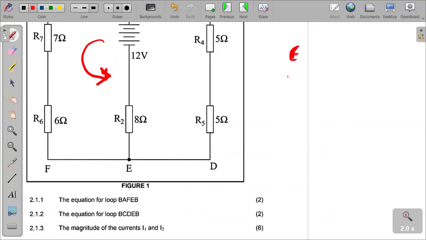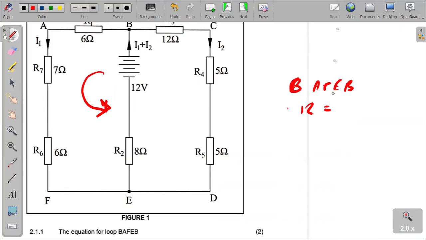Loop B, A, F, E, B. So 12 is equal to the potential differences. At every resistance we have a potential difference.